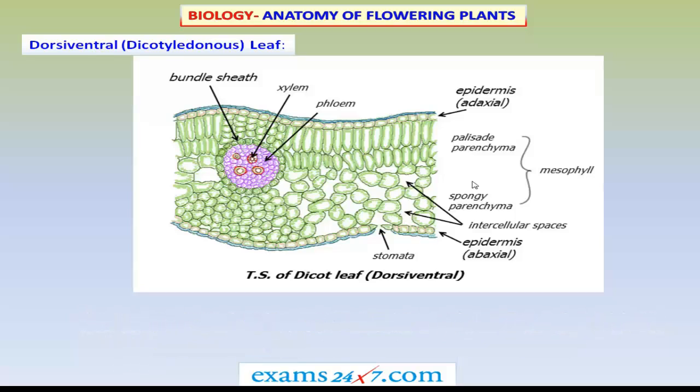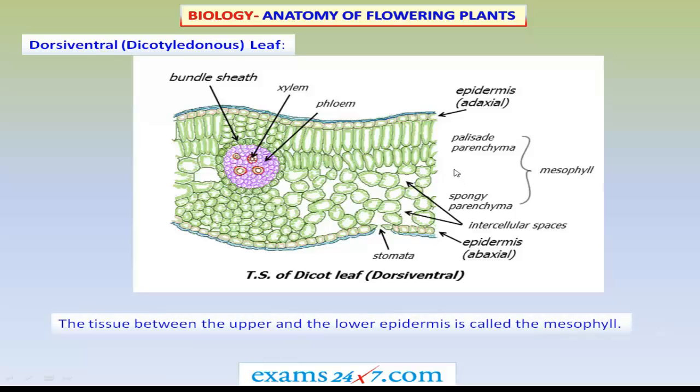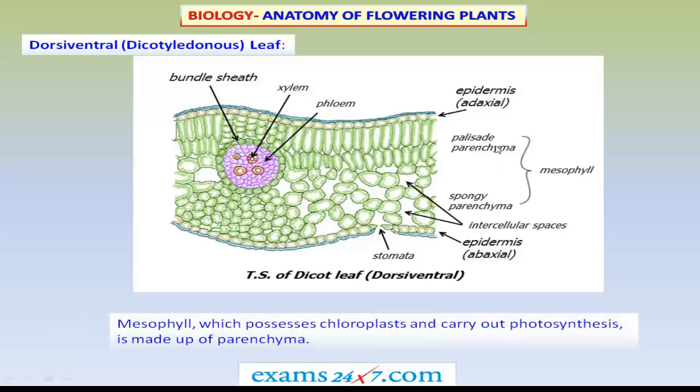The mesophyll that fills the space between the upper and the lower epidermis can be easily distinguished into two types as the cells are different. The cells which are very close to the upper epidermis are columnar in shape and closely packed. There are plenty of chloroplasts and they constitute the palisade parenchyma.